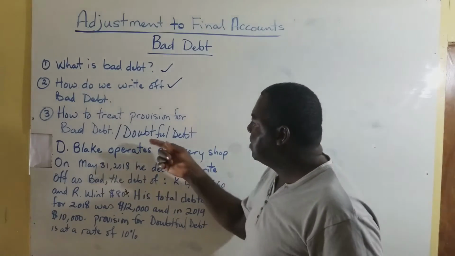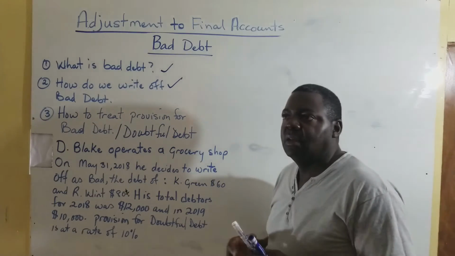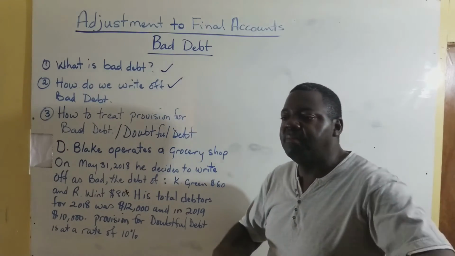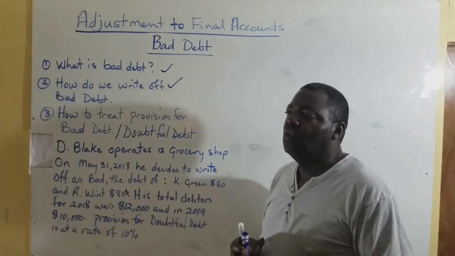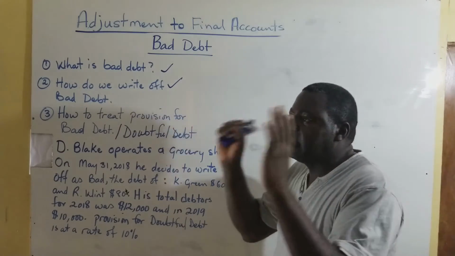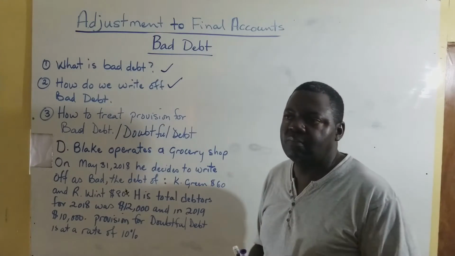So the provision is really an arrangement put in place, right? You are simply making an estimate of the likelihood of those persons who may not pay you. So you might say, all right, I have sold $10,000 worth of goods to some customers.